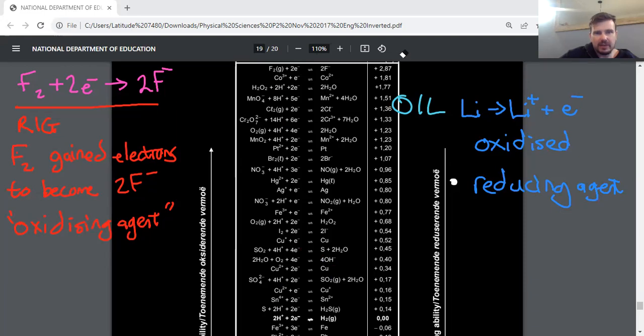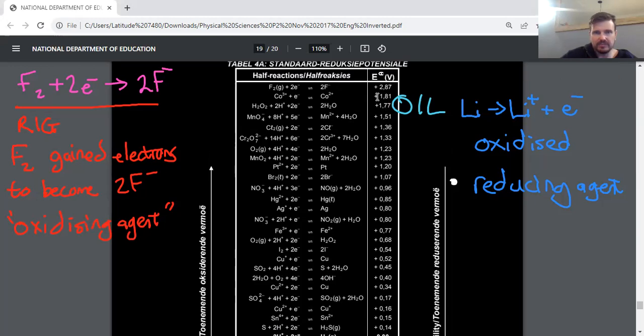So the next thing you have to know about the table, so you know how this table works now, it's basically telling you which is the oxidizing and which is the reducing agent. The next thing we have to know is that they have a potential difference, and that's what happens in a cell. So you can imagine that if you put two of these chemicals in a cell, the electrons will move from one thing to the other.